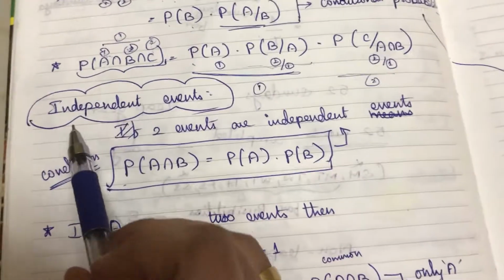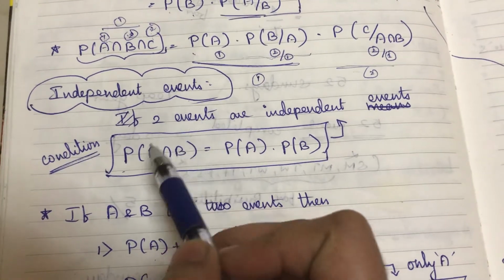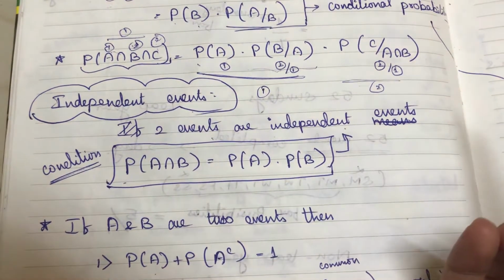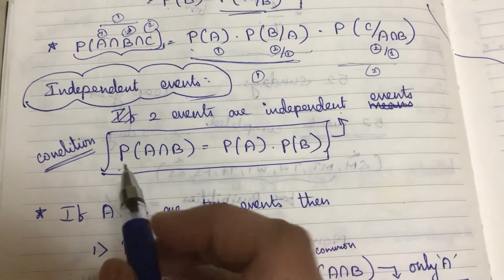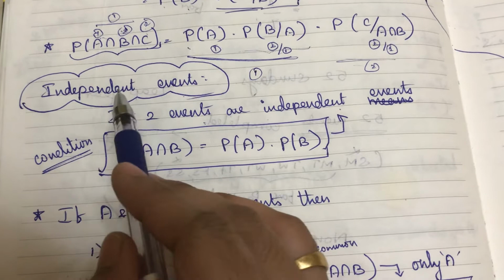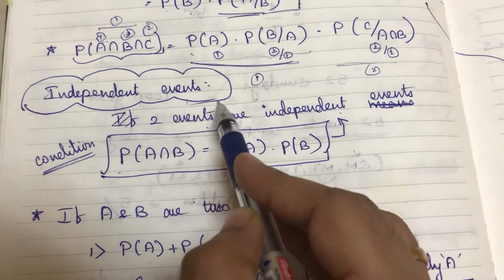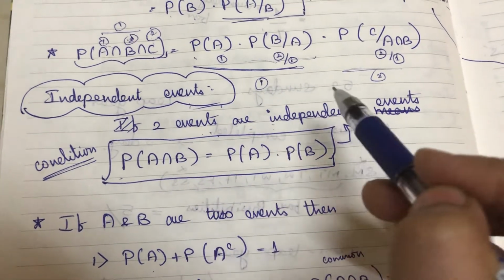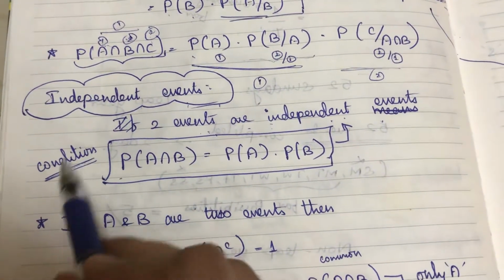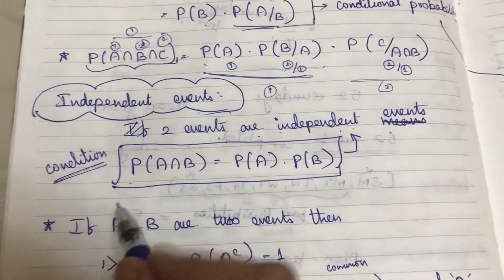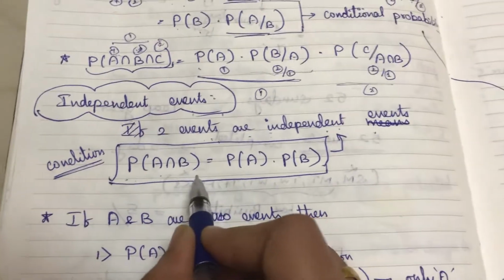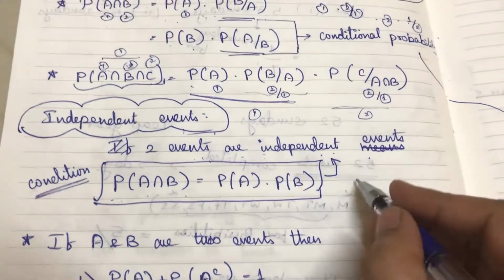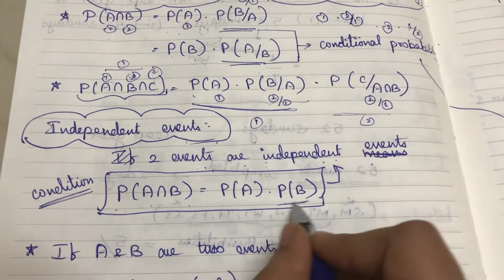So what are independent events? If two events are independent, they will be independent events. As you can see here, two events are said to be independent events only if they satisfy this condition: P of A and B will be equal to P of A into P of B. Here the condition is not there.